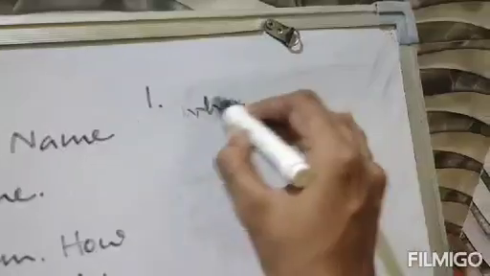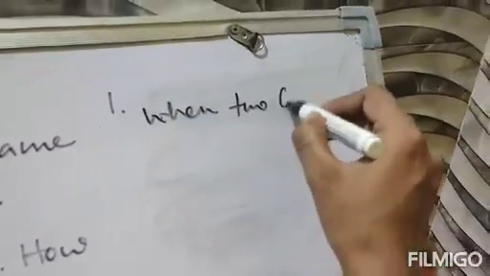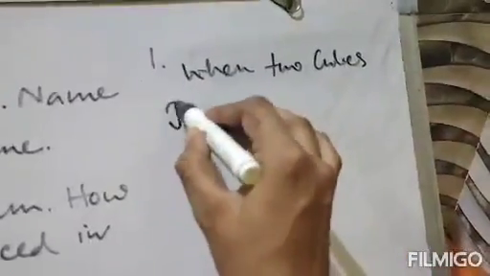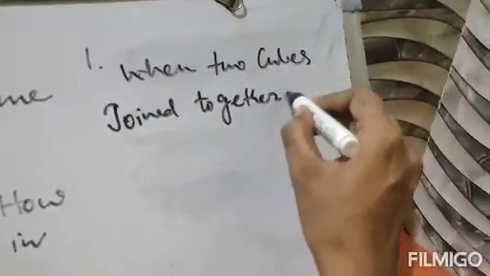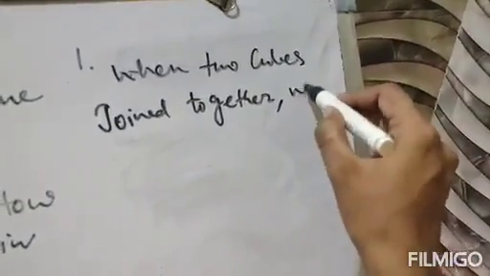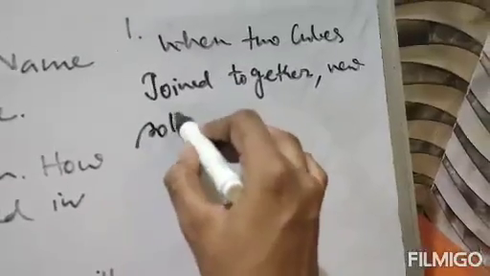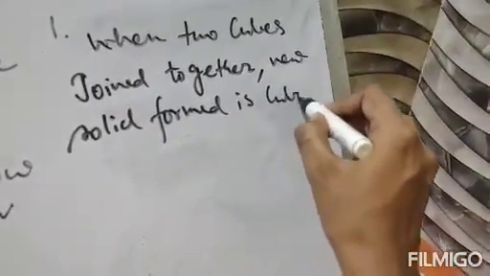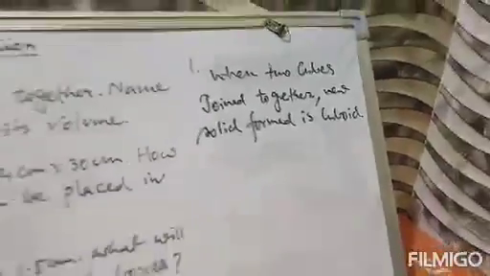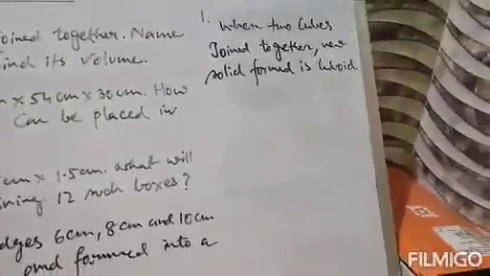So write, when two cubes are joined together, new solid formed is cuboid. That is the concept. When two cubes join together, new solid formed will be cuboid.